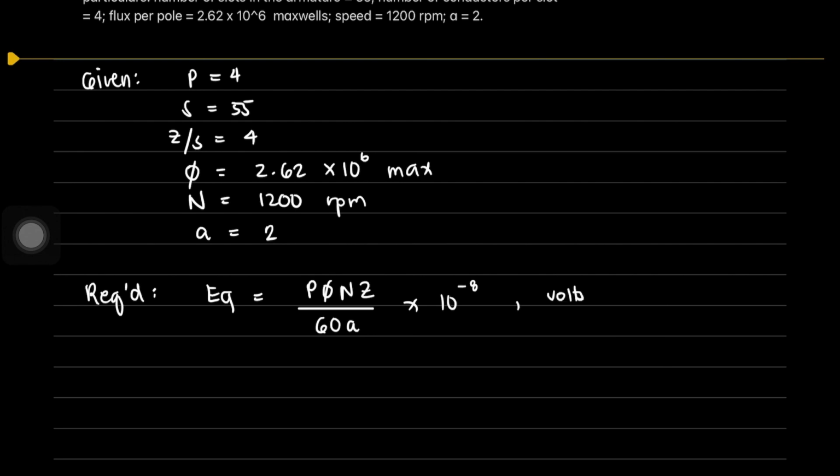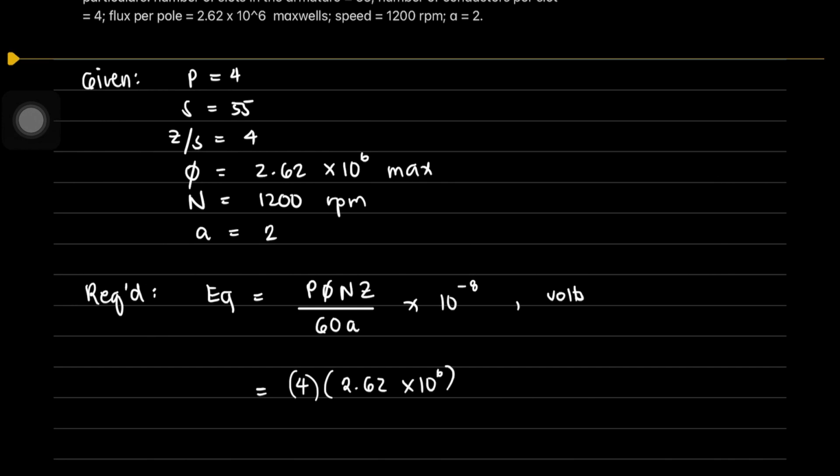So if we're going to substitute the given parameters in this equation, we'll be having 4 multiplied by the flux per pole, so that's 2.62 times 10 raised to 6, multiplied by the speed, which is 1,200 RPM, multiplied by the number of conductors. But the number of conductors is not yet given. However, we can solve the number of conductors by multiplying the number of conductors per slot by the number of slots.